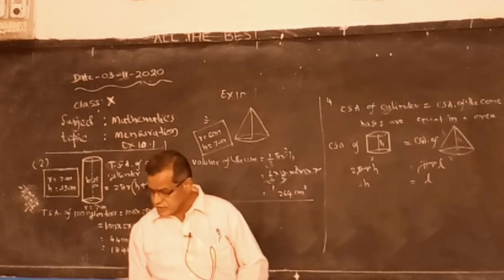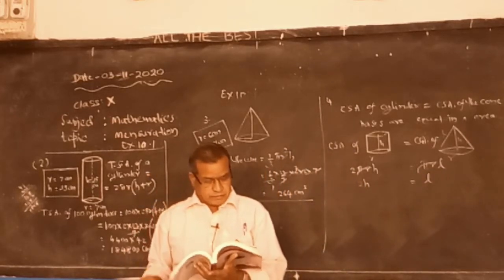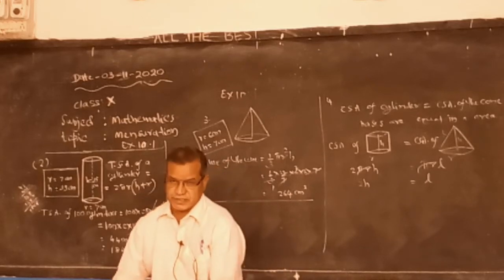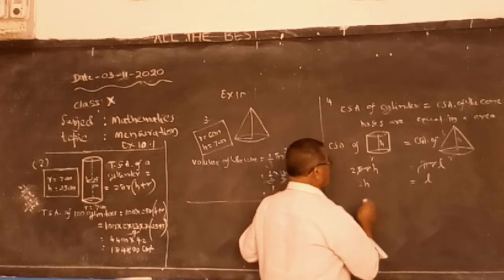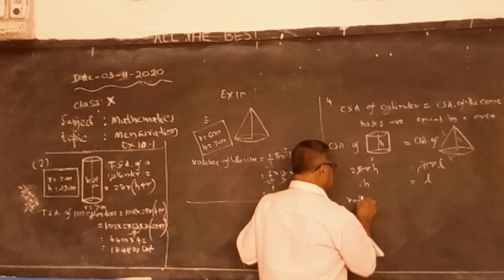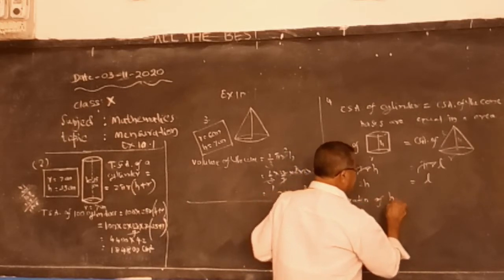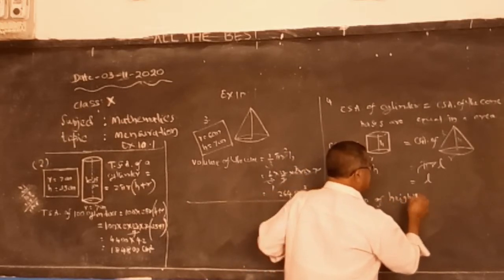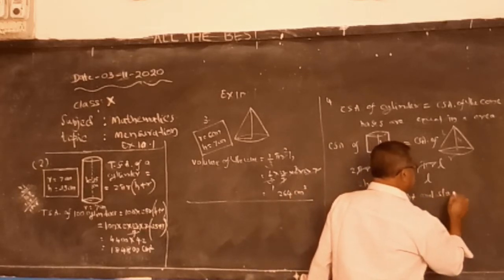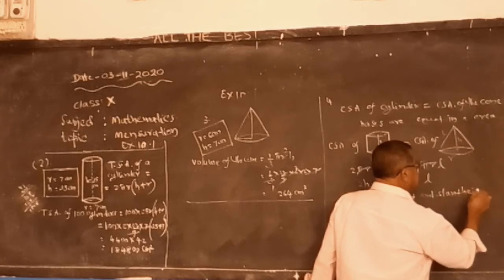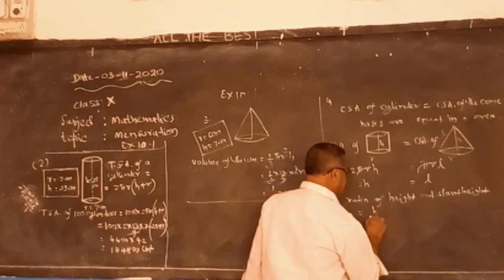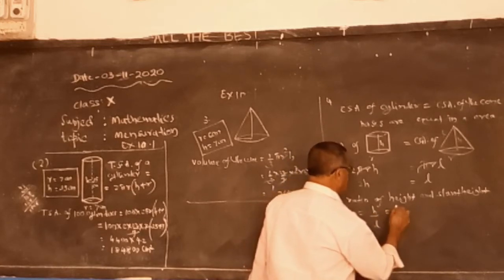And he is asking to find the ratio of the height of the cylinder to the slant height. L is the slant height. h by L is equal to 1 by 2.